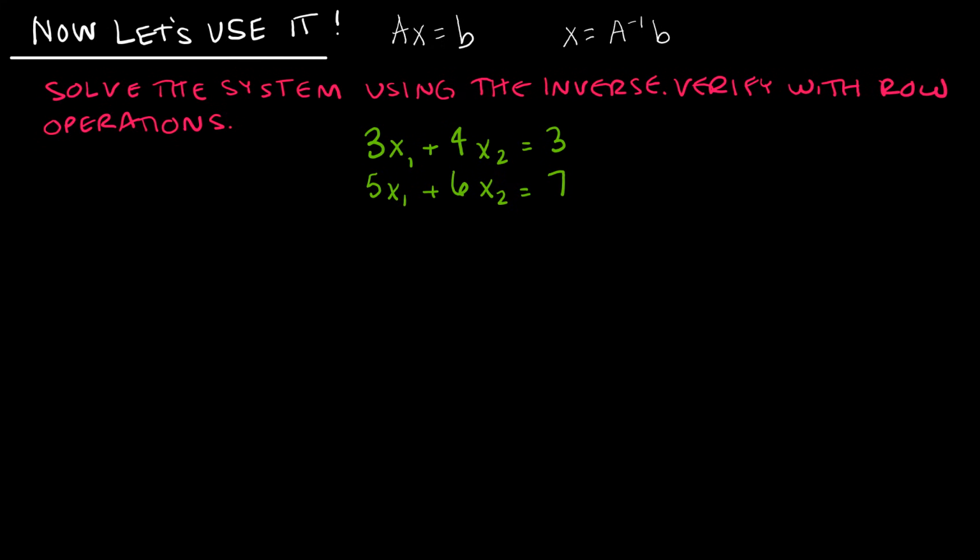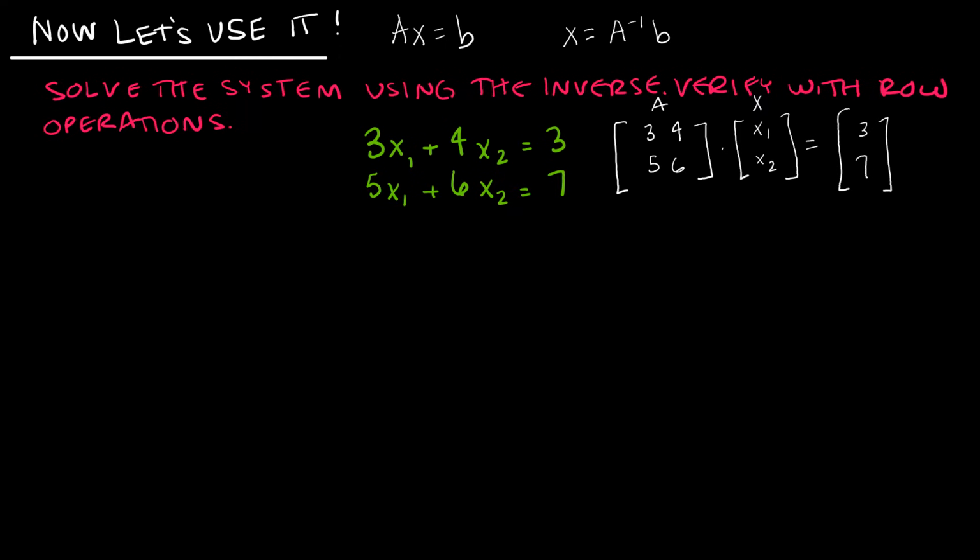So as a reminder, this is our matrix equation. 3, 4, 5, 6 is matrix A. We're multiplying that by x1, x2, which is of course x, and b is 3, 7. So far, so good. Now, in order to solve, I'm going to take A inverse times b.